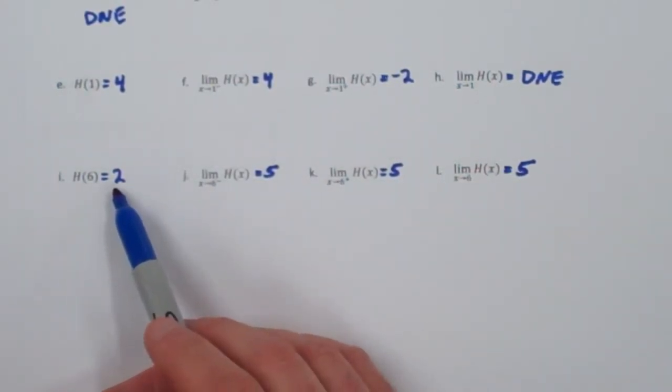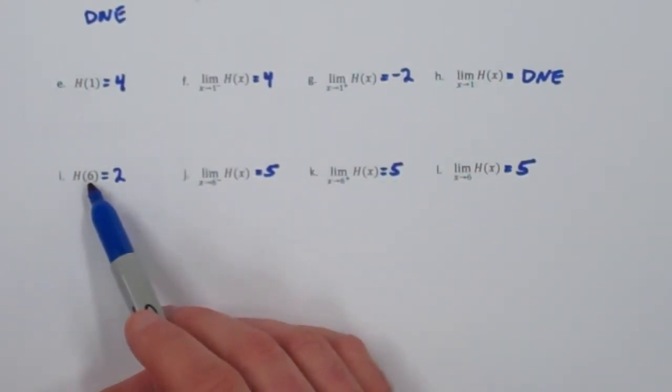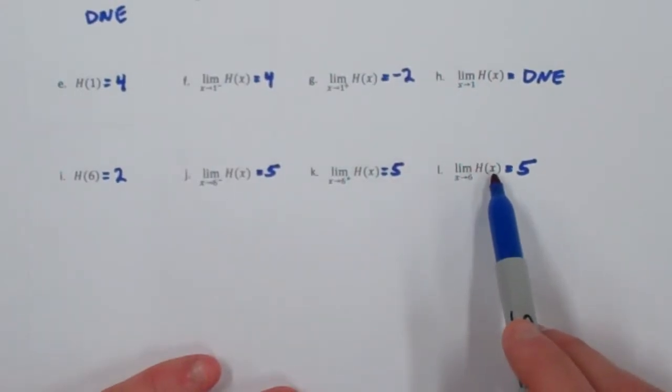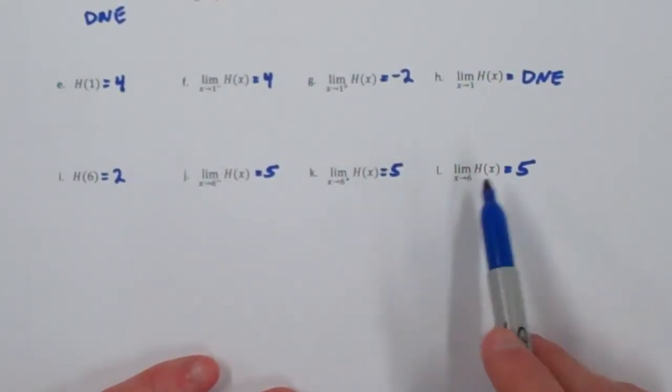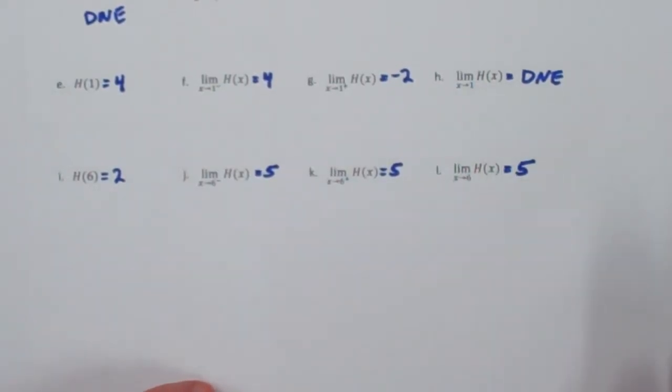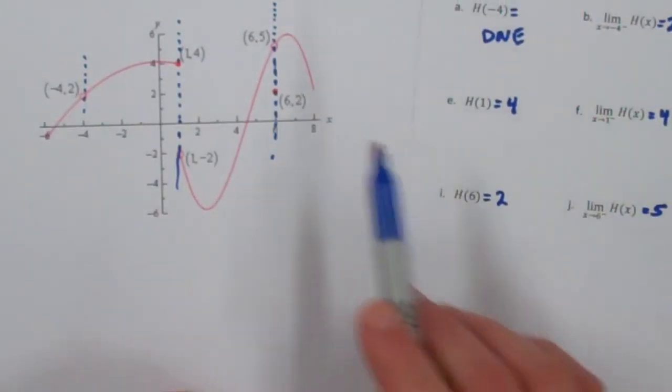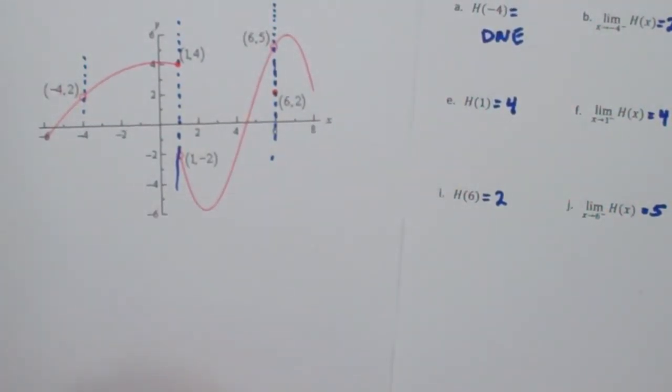This is asking us what is the exact value when x is exactly 6, and this is asking us what is the value of the function when x approaches or gets close to 6. Be very cautious with those kinds of situations. If a function is continuous, then direct substitution will work. If it's discontinuous, then you have to look a little bit further, as this function is definitely discontinuous here at this point.